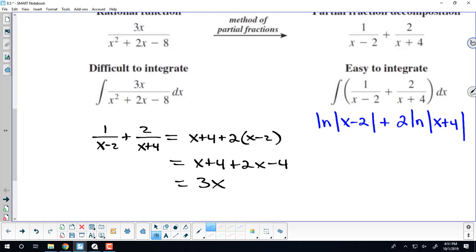So we see that when we combine these things, we get the desired result. Of course, the denominator here is the same, right? Because we have x minus 2 times x plus 4, which gives us this quadratic. So it's really all of this. We just kind of skip that part.